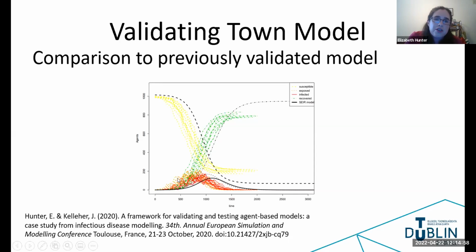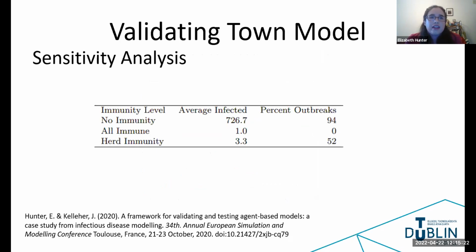They follow the same general pattern where we see the exposed peaks first and has a slightly higher peak than the infected. The peaks are roughly on the same scale as the equation-based model. They're just shifted to the left. So we think this shows that we are capturing those dynamics that we get in the SEIR model that has been validated before.